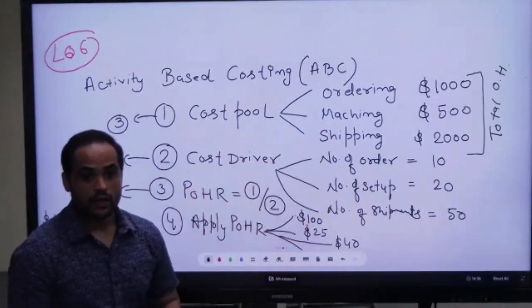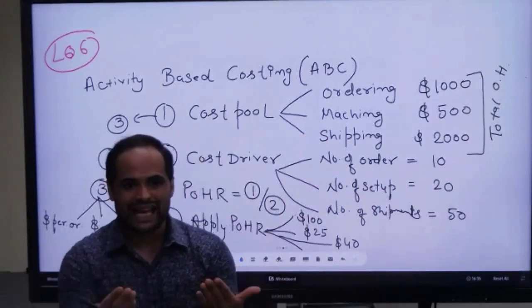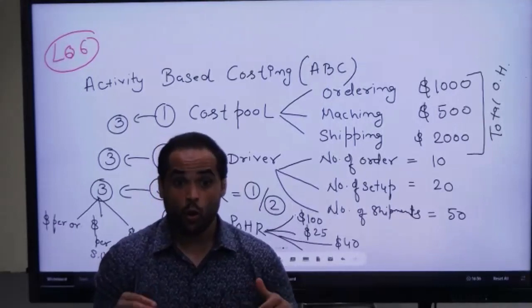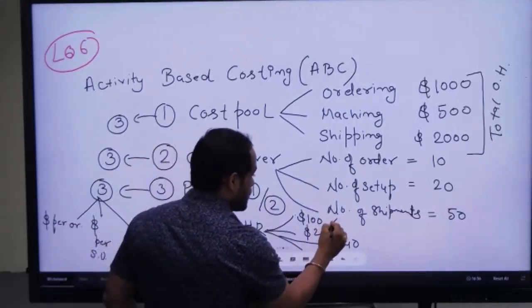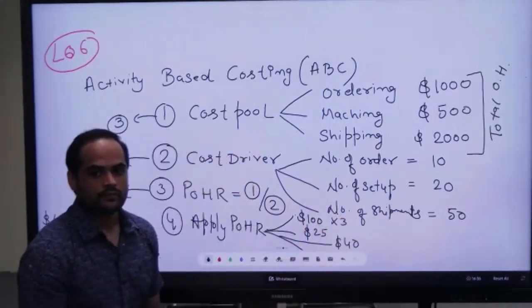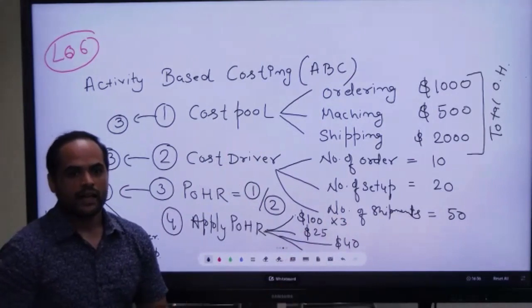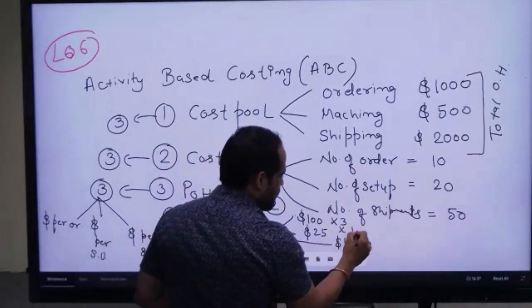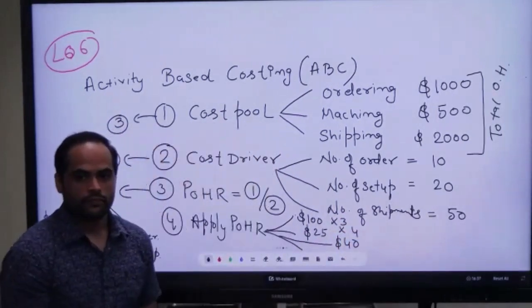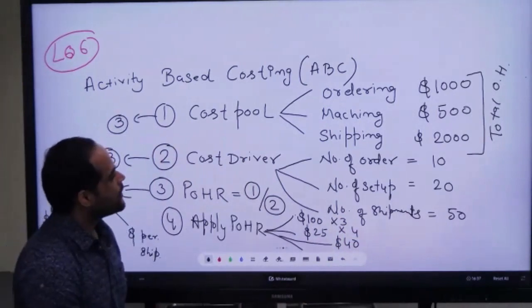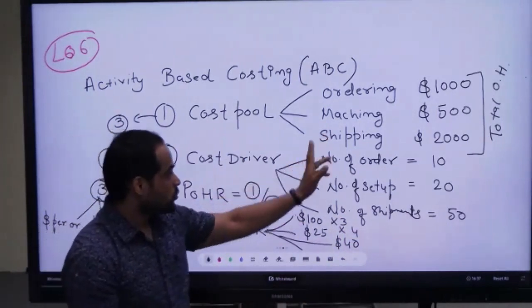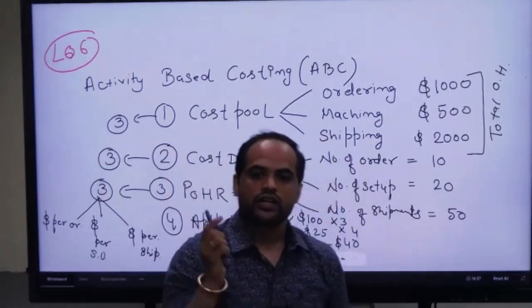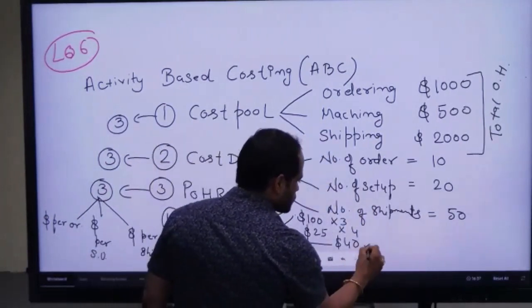These are the rates. Now, your question says, if you produce one product, you will order material 3 times. If you produce one product, you set up the machine 4 times. And if you produce one product, you will ship the product 1 time.